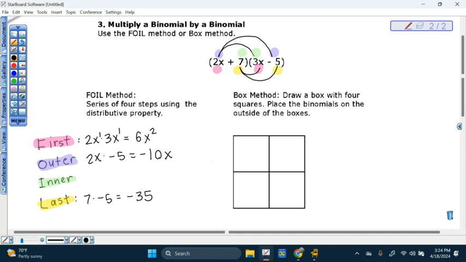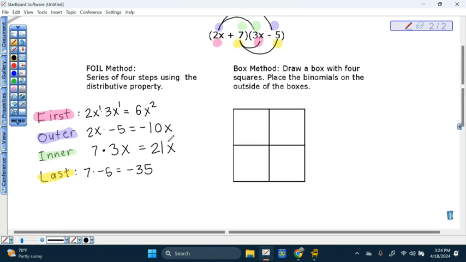And what's 7 times 3x? 21x. That's it. Okay. And so I have all the parts of my answer, but I need to combine them all together. So it's 6x squared minus 10x plus 21x minus 35.